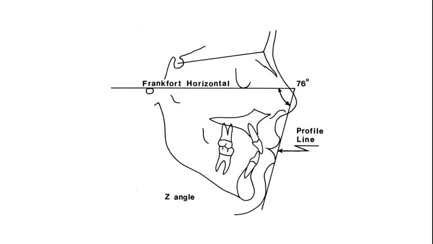Ideally, the upper lip should fall on the line and the lower lip should be slightly behind. The angle formed by the intersection of this profile line and the Frankfurt horizontal plane, or ideally the true horizontal plane, is referred to as the Z-angle.